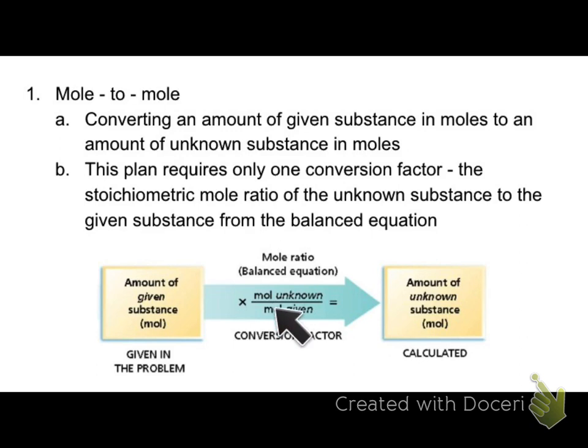This is your mole ratio that you'll get from the balanced equation, and that should end up with the moles of the given canceling and leaving you with moles of unknown substance. This is the simplest form of stoichiometric problem. You don't need any molar masses. You only need a balanced equation in order to do it.